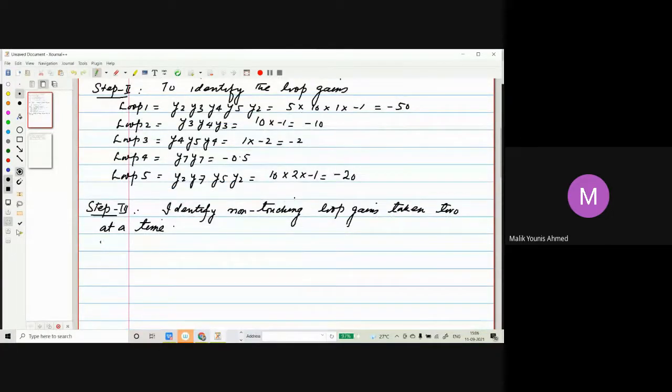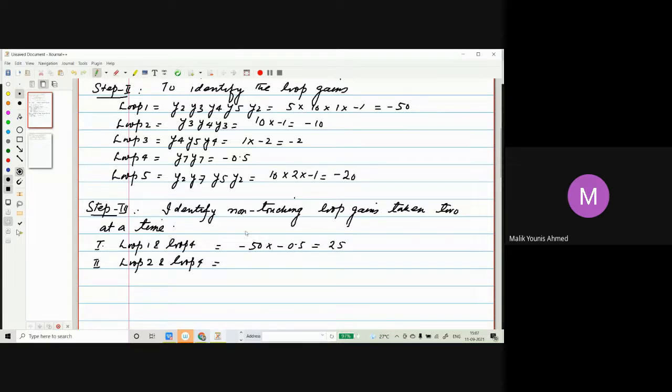Number 1, we have loop 1 and loop 4. They are not touching. So loop 1 and loop 4: minus 50 into minus 0.5, that's 25. Second is loop 2 and 4, also not touching. 4 is not touching with anyone.